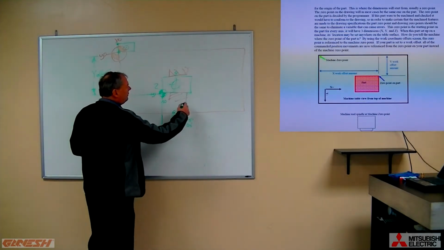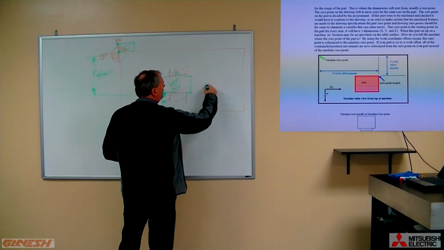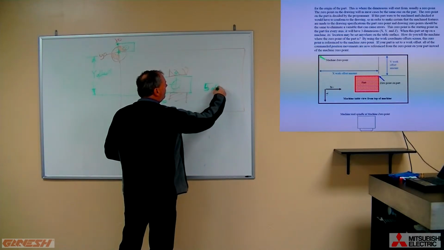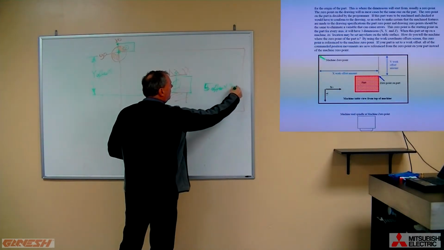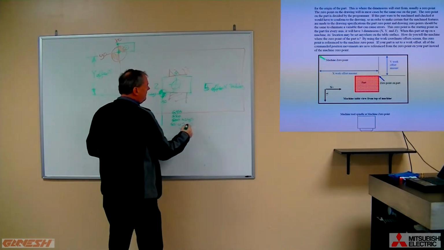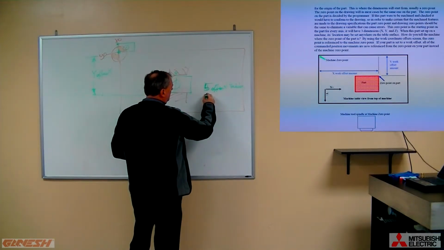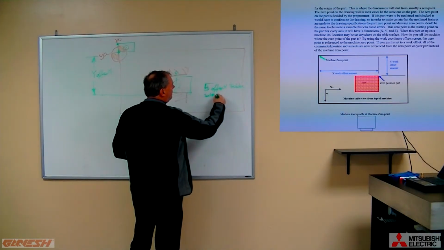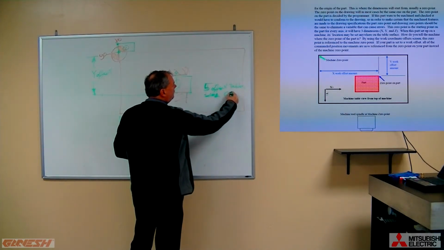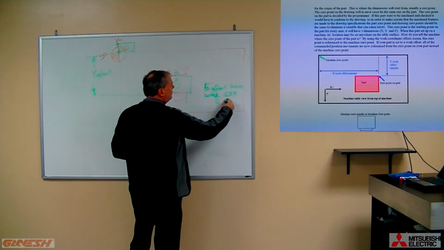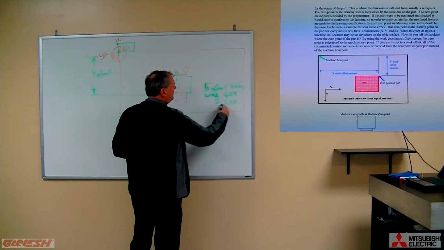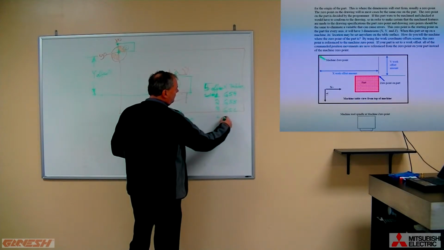There are 5 different offset tables on the machine control. Set number 1 is what we call G54. Set number 2 is G55. Set number 3 is G56. Set number 4 is G57. And set number 5 is G58.